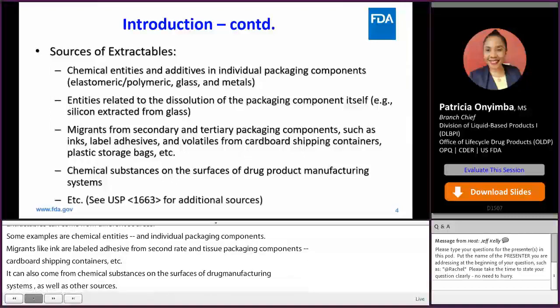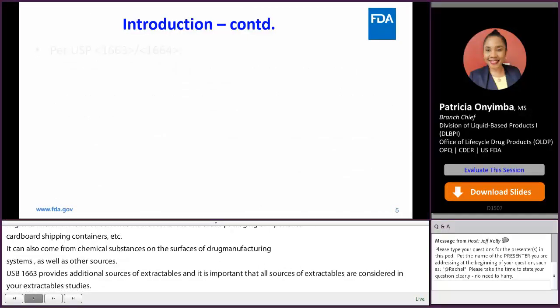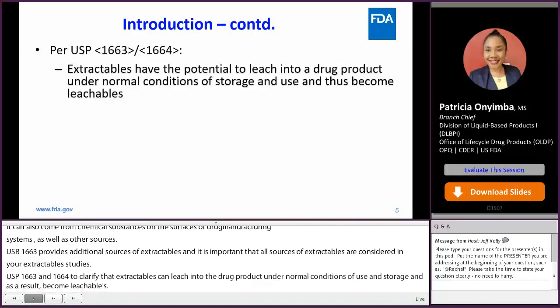Now, USP 1663 provides additional sources of extractables, and it is important that all sources of extractables are considered in your extractables studies. USP 1663 and 1664 do clarify that extractables can leach into the drug product under normal conditions of use and storage, and as a result become leachables.